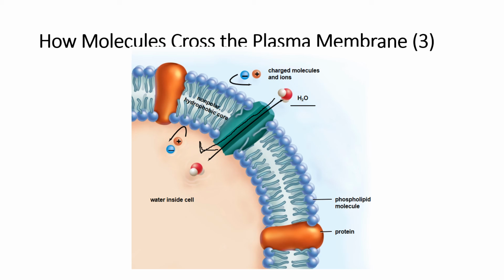This is a channel protein here. The one for water is called aquaporin, which is pretty much spelled how it sounds. And it is a channel protein that allows water to move freely between the inside and outside of the cell.